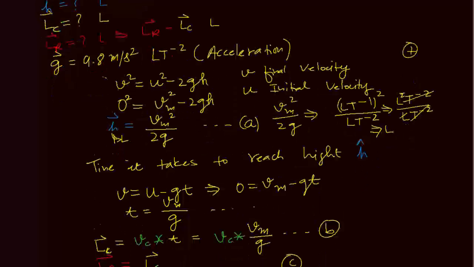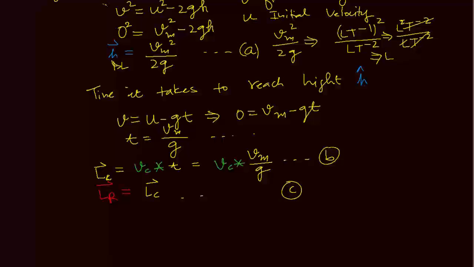Now we move on to the next one. So here LC is VC multiplied with T, which is VC Vm, and let's write down VC is LT raised to the power minus 1 multiplied with LT, which is the Vm, and divided by LT minus 2.